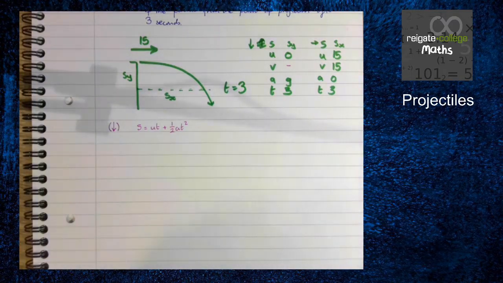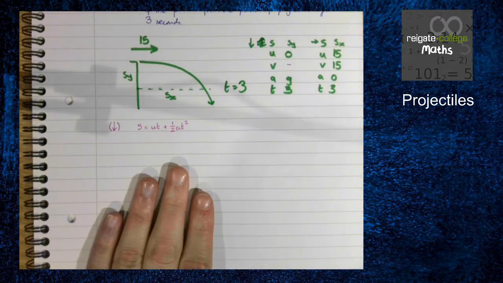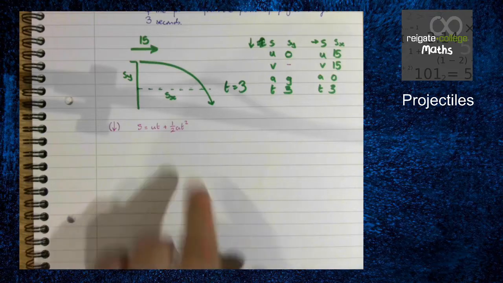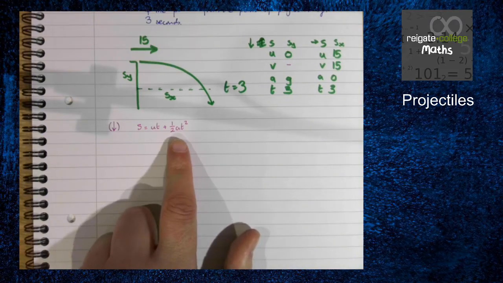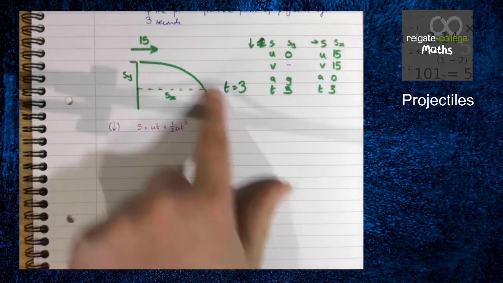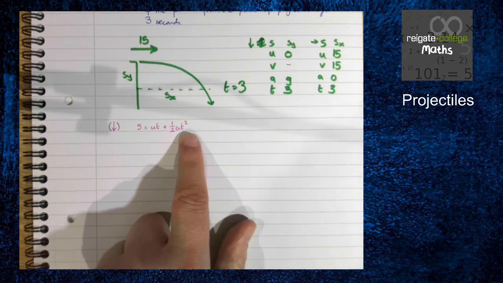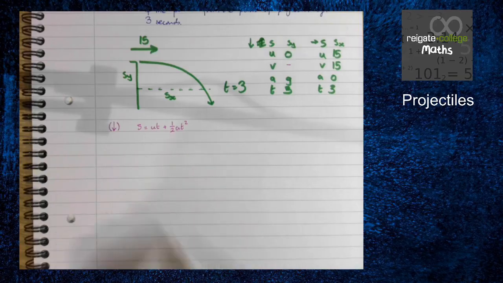To be honest, for projectiles, this is the equation you will probably use most often, this and v equals u plus at. These are the two equations that you will tend to use the most with projectiles. I'm not saying the other suvat equations won't get used, it's just not as common. And given that we've got a parabola shape, as I drew in the previous diagrams, it makes sense that we've got a squared here. It gives us that nice quadratic graph.